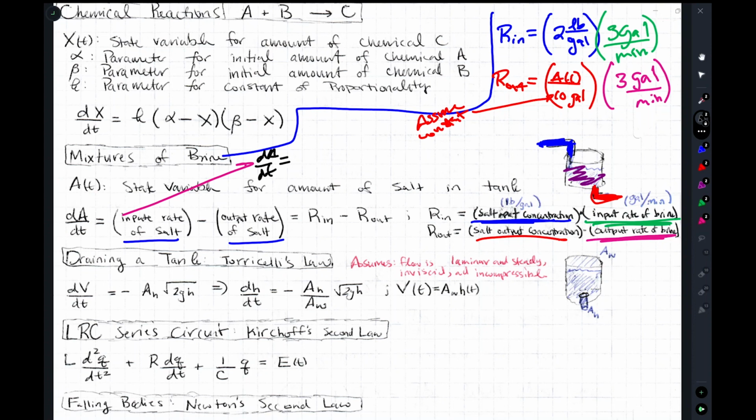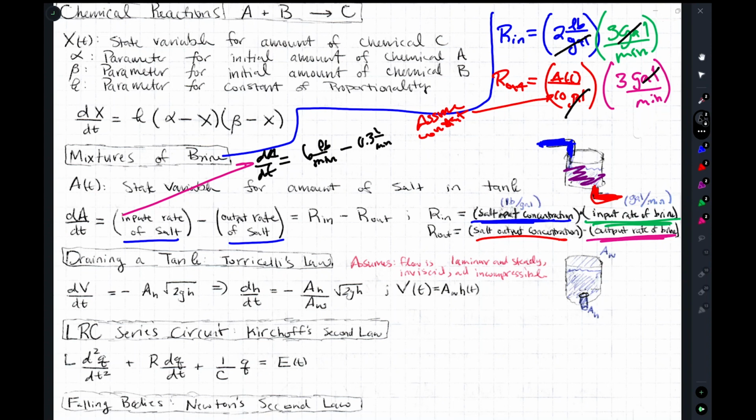It's going to be, so these gallons would cancel, and you get Rn is going to be 2 times 3, so 6 pounds per minute of salt flows in, minus, here you're going to have 3 divided by 10, or 0.3, and the gallons again will cancel, and so you get 0.3 per minute.